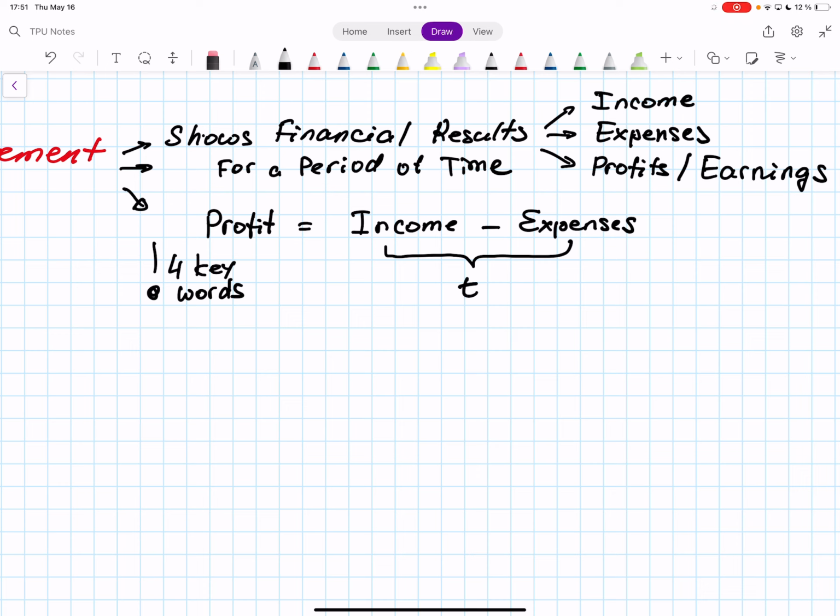So here are the 4 words. Profit is the difference, word number 1, between income and expenses over time. 1, 2, 3, 4. So this is how you define profit.